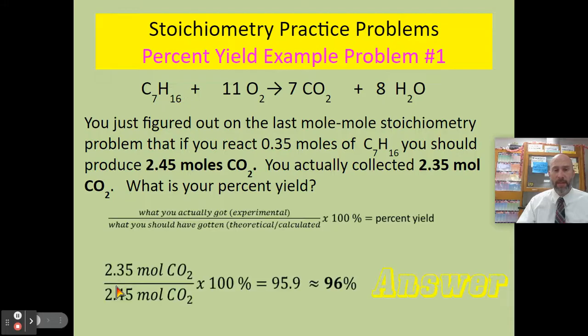When we do that, 2.35 divided by 2.45 is 0.959, and then you times that by 100, and you get 95.9, which we can round to 96. So 96% would be the percent yield, which is actually pretty good, pretty close to 100.